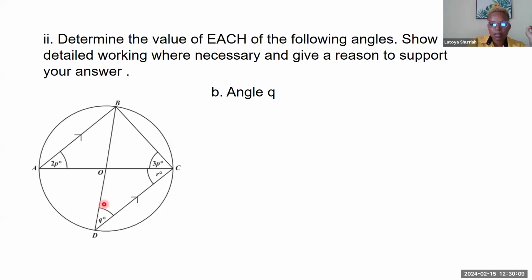Okay, miss. So because the diameter in this case is acting as the chord, we basically have two half segments that we call semicircles. So technically we don't have a major or a minor segment because both of them are the same size.